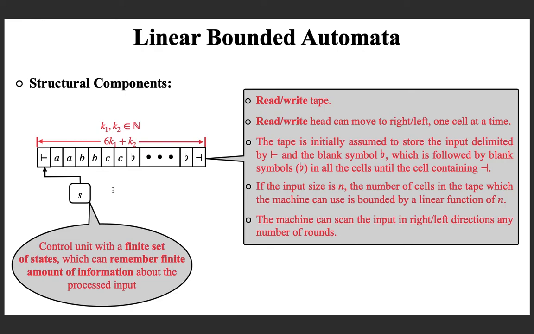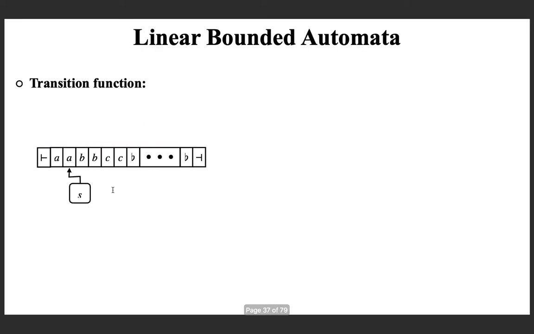Now let us proceed and see what a transition function is. Here again we are defining a deterministic machine, and that is why I say a transition function, not a relation. Let us try to recall the transition function definition in terms of an example.